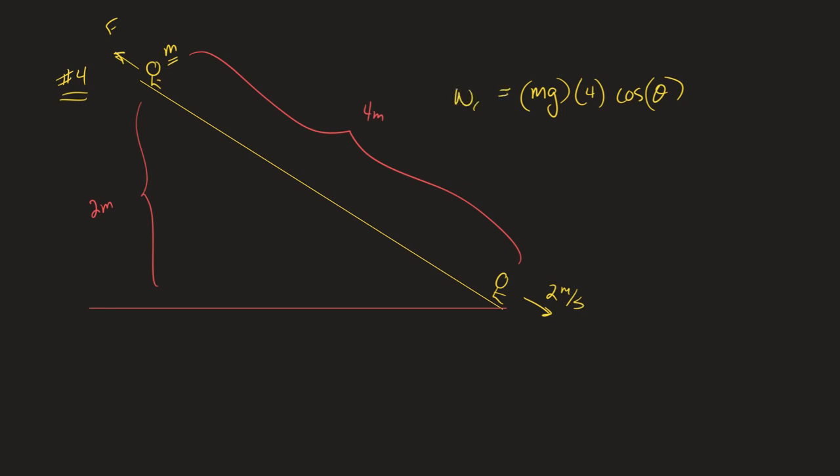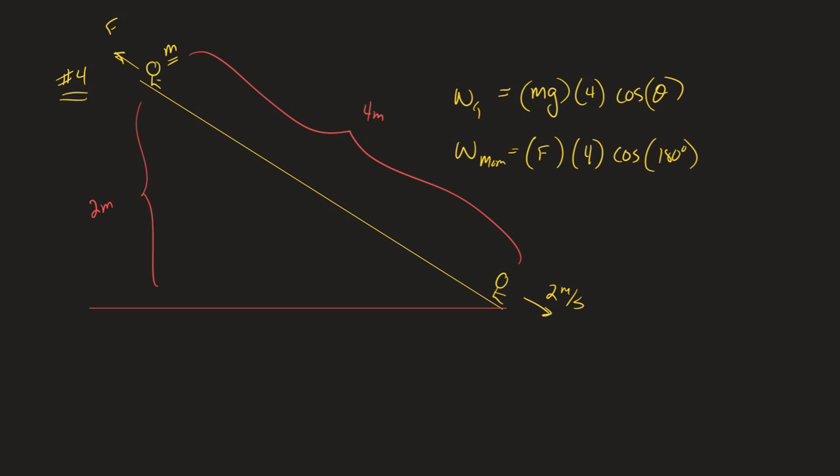Let's put work by gravity. And there's the work by mom, which is going to be whatever that force is, times 4 times the cosine of 180. I kind of see those as the work being done in this problem. The normal force doesn't do any work. It's perpendicular to the displacement.